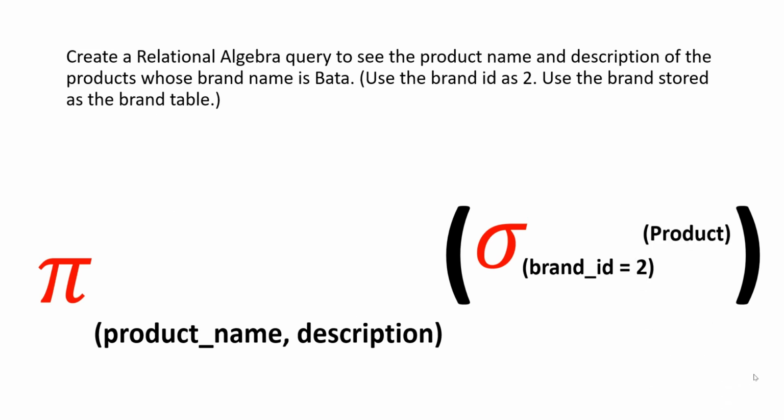If you see the query briefly, first of all we need to get the product table, and then we need to select the particular brand called Bata, which has brand ID equal to 2, in the product table. Once we find that, we can get the product name and the description through the projection operator. So that's the procedure in this query. So this is the answer for the fourth question.